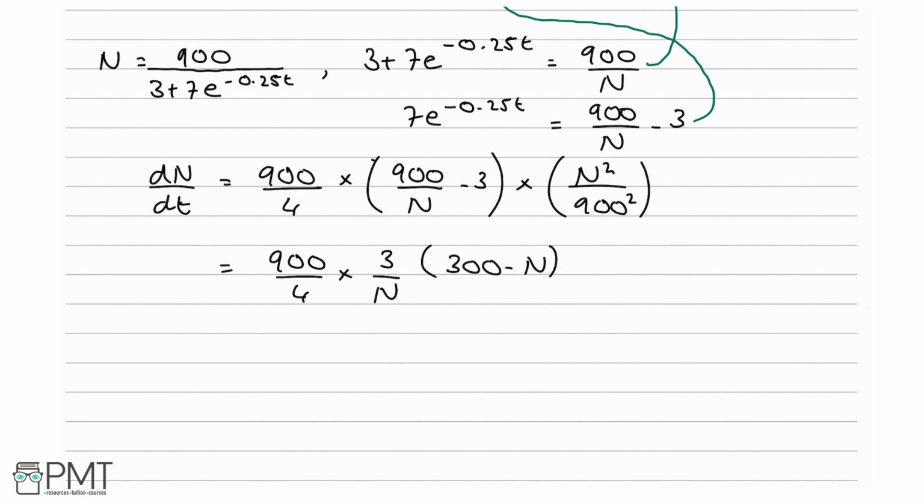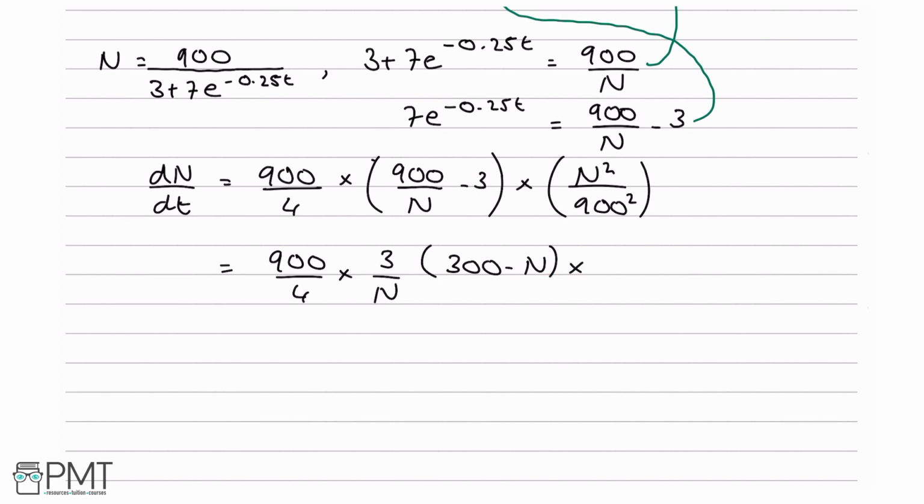The reason is because the 3 is taken out as a factor, so you have 900 divided by 3, which gets you 300, and then minus 3 divided by 3, which gets you minus 1. But since you're dividing by n, you have 1 over n, so you take that out as a factor, but then because you have 1 over 1 over n, which is just n. So that gets us like that, okay?